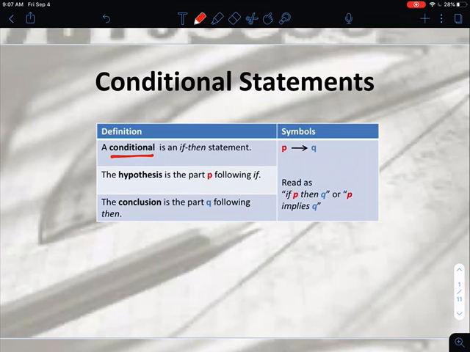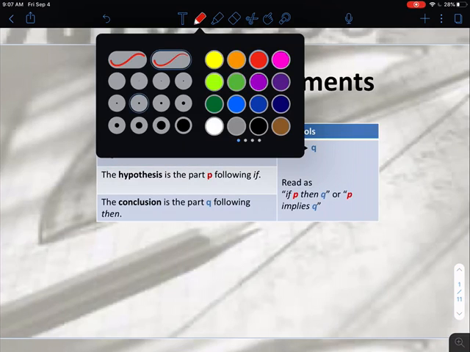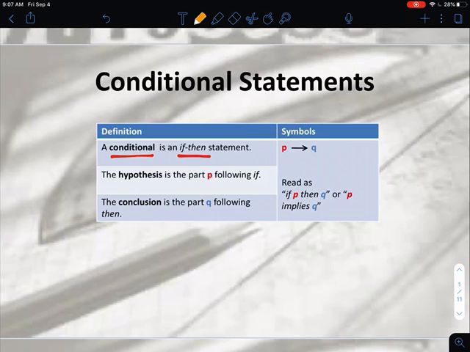So a conditional statement here is simply any if-then statement. So if you want to go out with your friends, then you need to finish your chores. So anything that's saying if this happens, then this will happen. Now in an if-then statement, there are two parts to each statement. The hypothesis is the part that directly follows the word if.